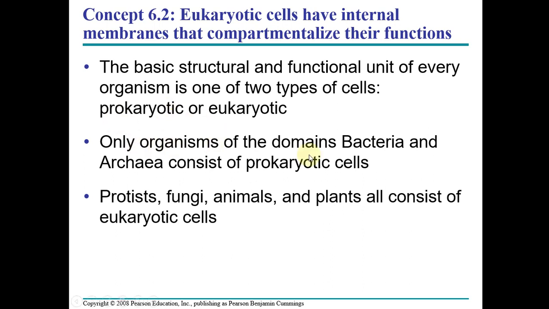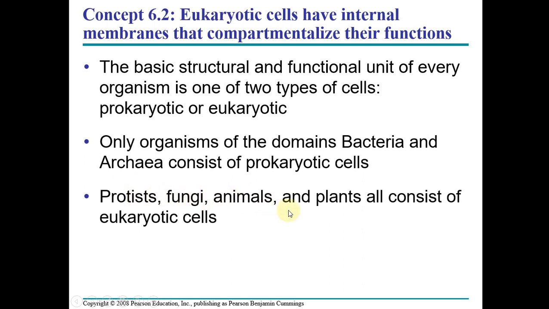Only organisms of the domains bacteria and archaea consist of prokaryotic. Ito yung sabi ko. On the other hand, protists, isama na natin yung protist, though protist is still a confusing kingdom. For the sake of this discussion, let's say for example, hindi pa na aayos yung issue sa protist.